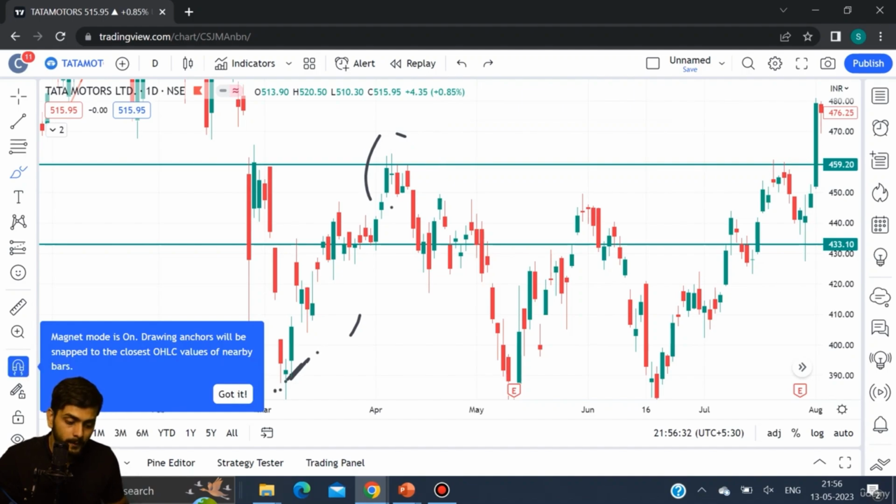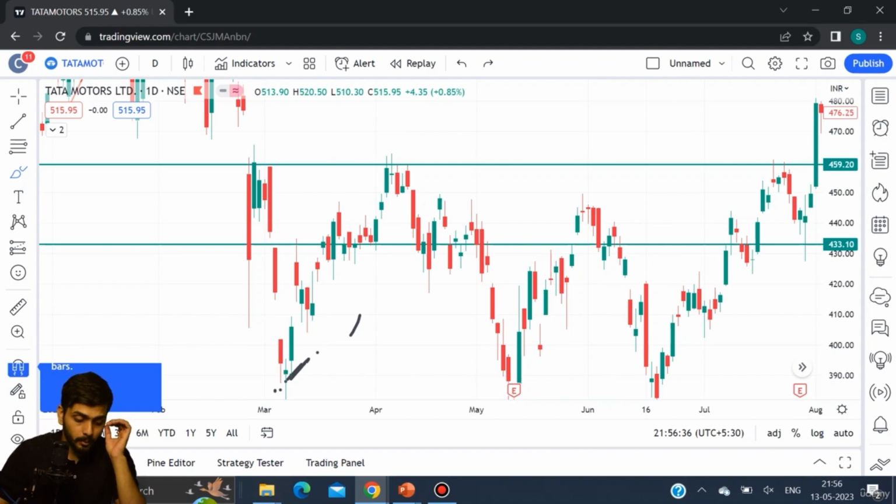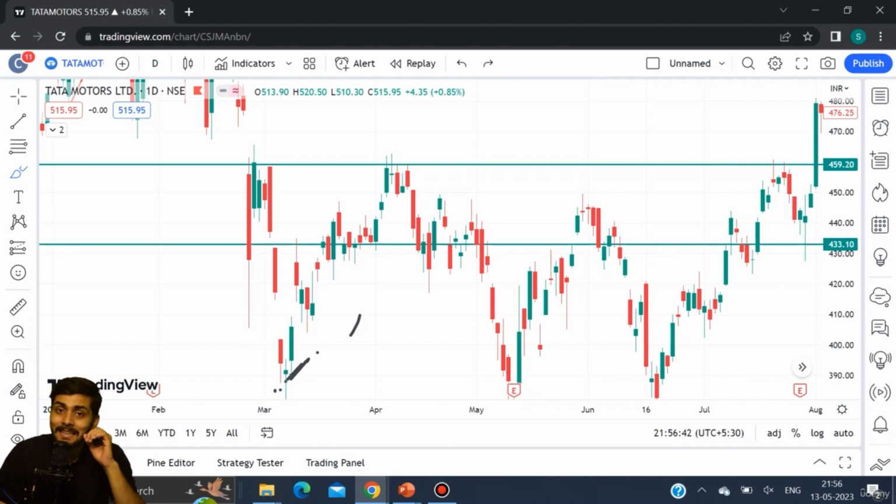So see, now I am explaining evening star, but if you properly see, the market will always move inside the technical analysis. Whatever technical analysis you will learn, you will find that the market will definitely move like that. Maybe not instantly, but the market will definitely move like that.